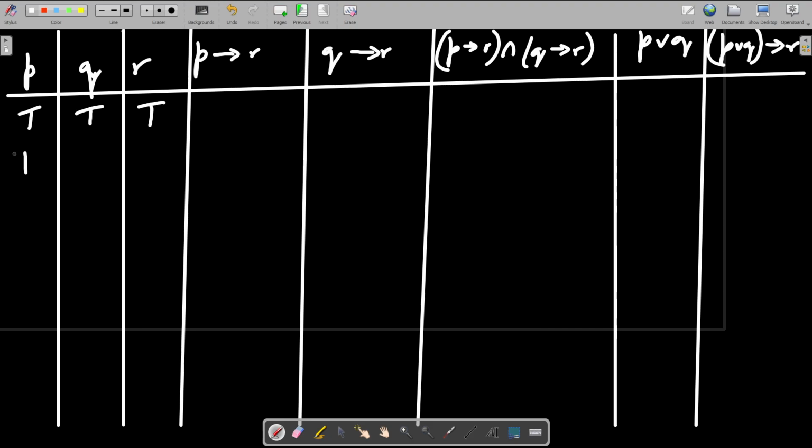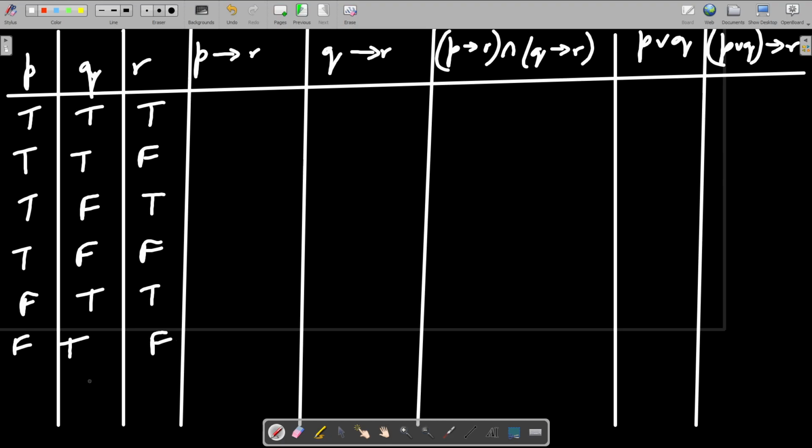All are true. First two are true, third one is false. First one is true, false, true, true, false, false, then false. Once I start changing this to false, just repeat the above four entries again. So true, true, false, true, false, false, false, true, and then false, false, false. All are false.